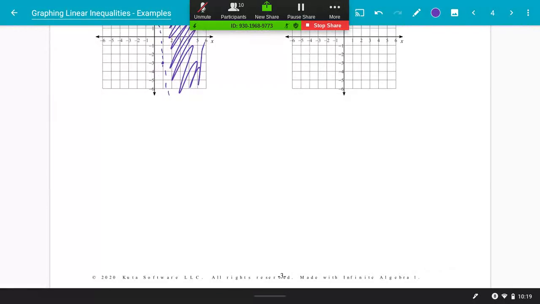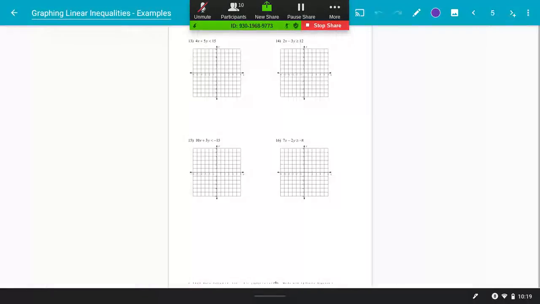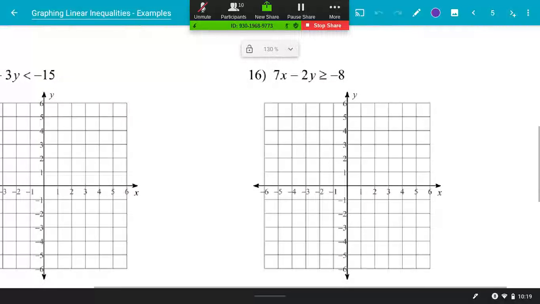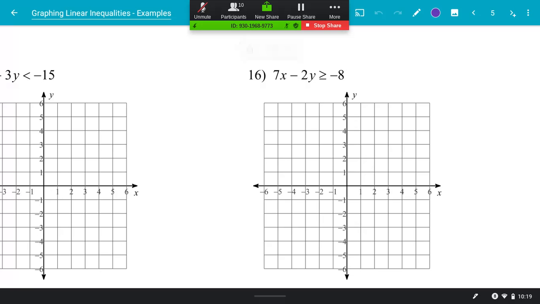Let's try number 16 here. Okay, I've got to manipulate it. I've got to get that y alone. So I've got to start by subtracting 7x from both sides. So I end up with -2y is -7x minus 8. Sorry, not equals.